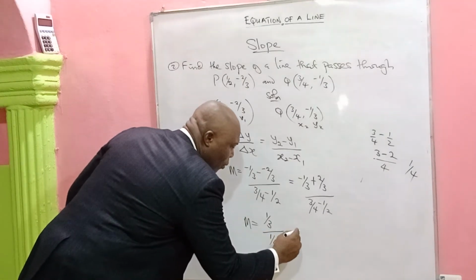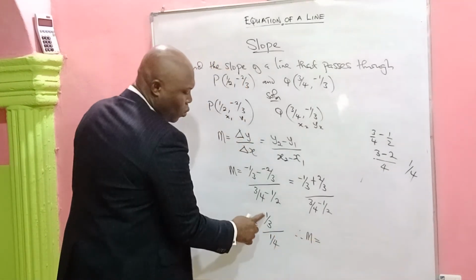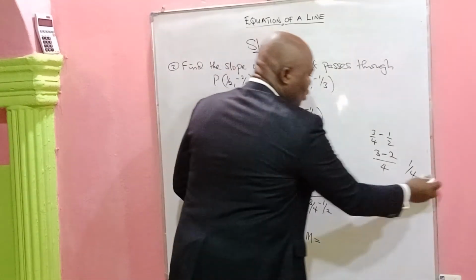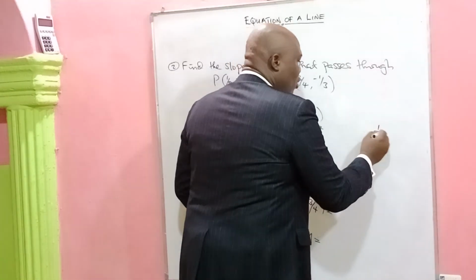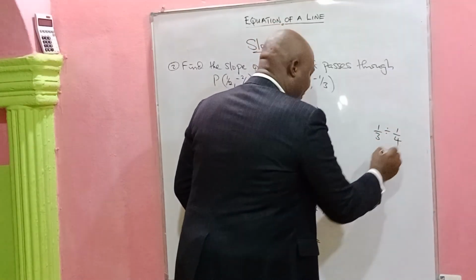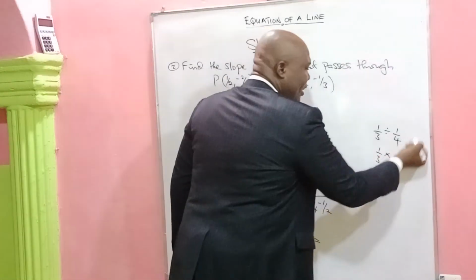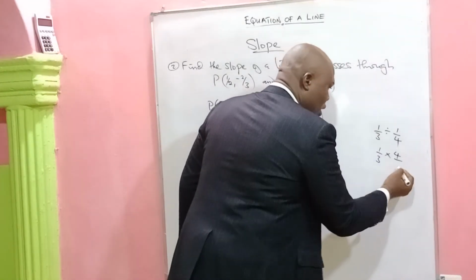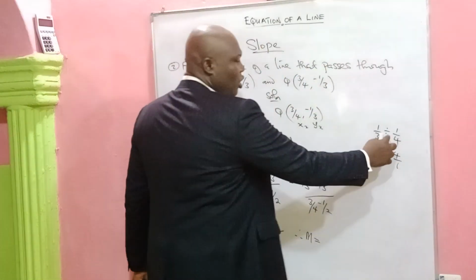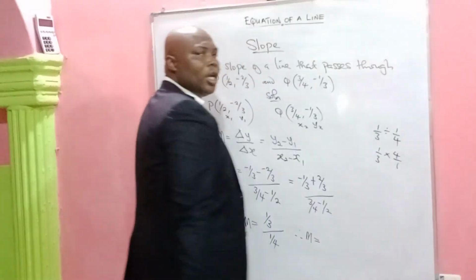Therefore, our slope, m, will be equal to 1 over 3 divided by 1 over 4, which is the same thing as 1 over 3 times, we take this up and bring the other one down. When you're changing division to multiplication, you invert the second part.